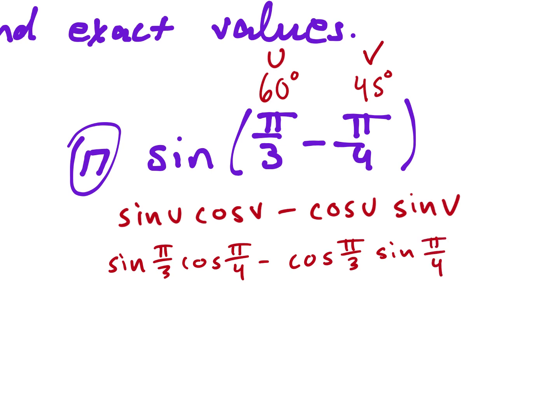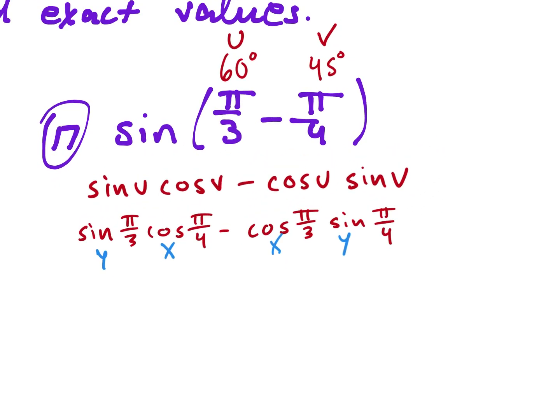For sine, we have to look at which value on our unit circle? The y values. And cosine, we're looking at the x values. So what's the coordinate at pi over 3, both the x and the y? And what's the coordinate at pi over 4? Square root 2 over 2.